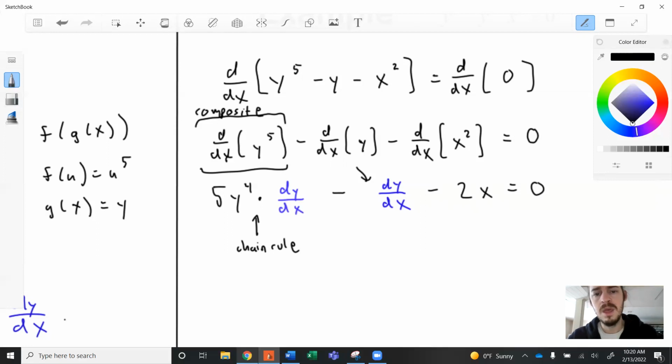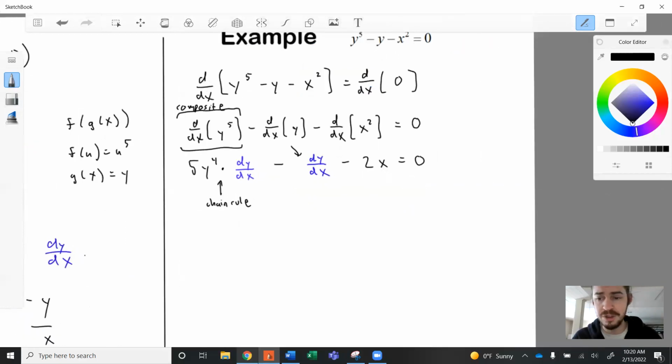So whenever we encounter a function that involves y, we have to use the chain rule, where we're doing the derivative of that function, but then we are multiplying by the derivative of y with respect to x. Now we have an equation with parts that involve x and y, and a few places where we've multiplied by dy over dx.